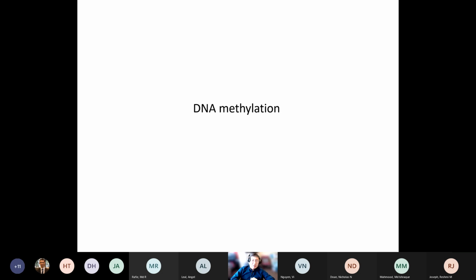So I'll move on to the second important part of epigenetics. Earlier I discussed how to describe chromosome accessibility. I told you 3 methods. And now I want to go into DNA methylation.